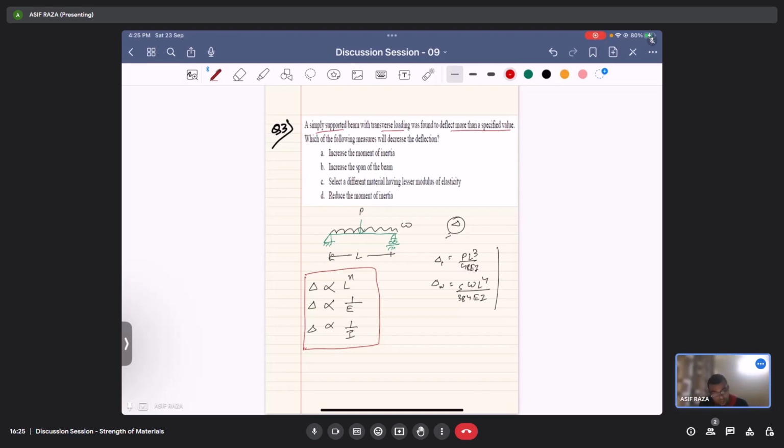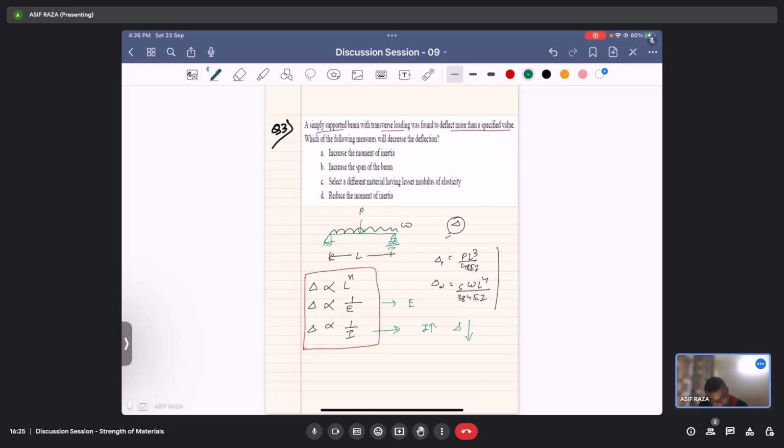Now let's see one by one. First one, if we increase the moment of inertia, since it's inversely proportional, our deflection would decrease, right? Now take the case of elasticity.